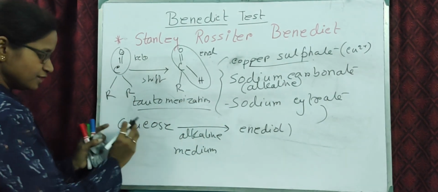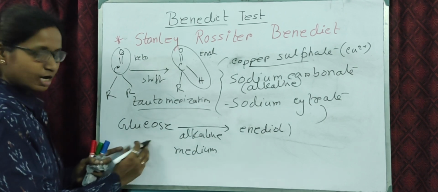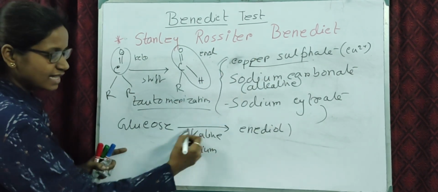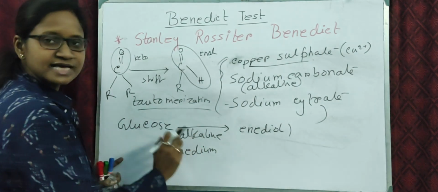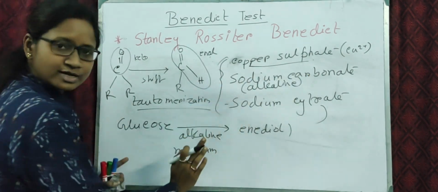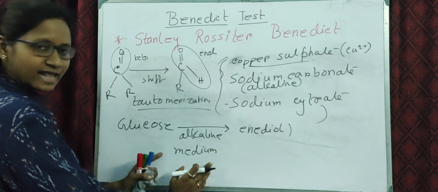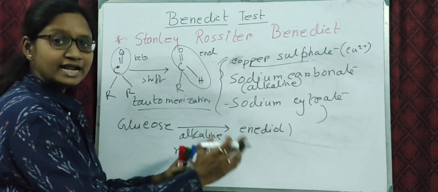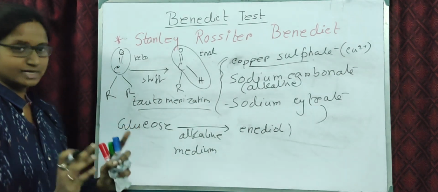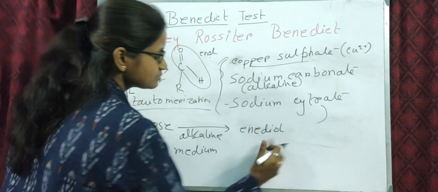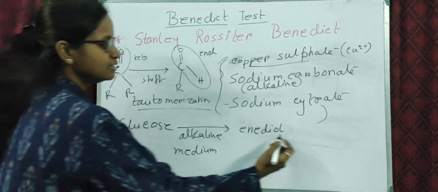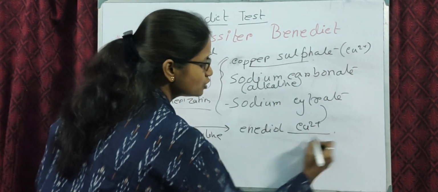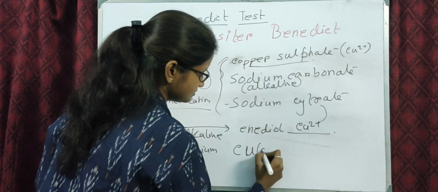So whenever we add a reducing sugar to the Benedict reagent, with these components, the alkaline medium made by the sodium carbonate transforms glucose into enediol. Enediol is a strong reducing agent that reduces the copper sulfate, that is, cupric ion to cuprous ion.